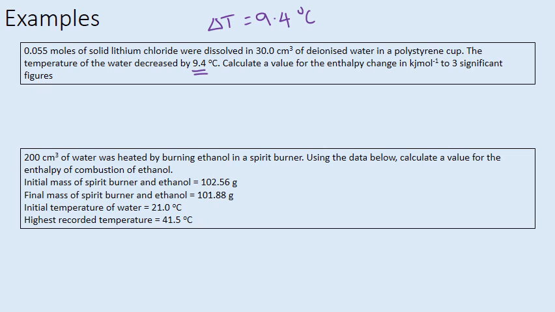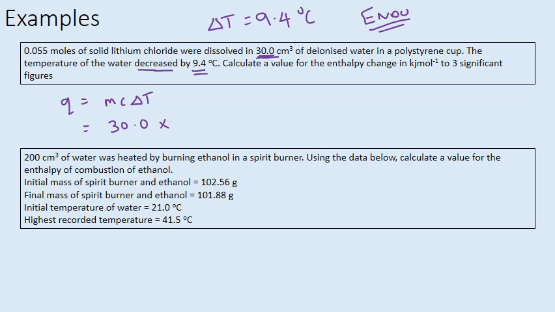I also know that this is endothermic, so I'm going to make a little note of that and I'll come back to that. It's endothermic because the temperature's gone down. We've been asked to calculate a value for the enthalpy change, so I'm going to use Q equals mc delta T. My m in this case is 30 because that's my volume of solution, and water has a density of 1 gram per centimeter cubed, so I'm going to have 30.0.